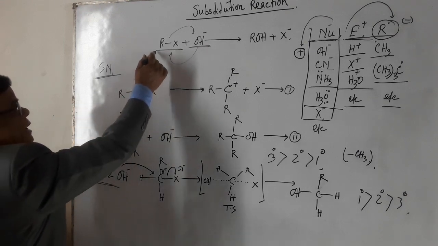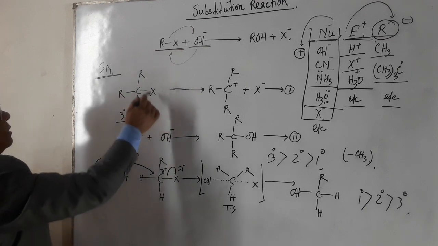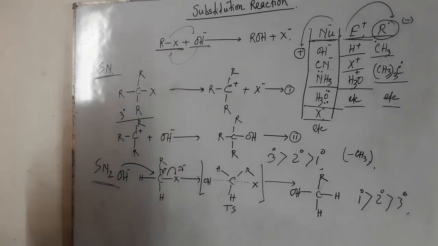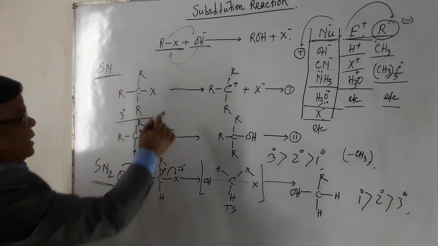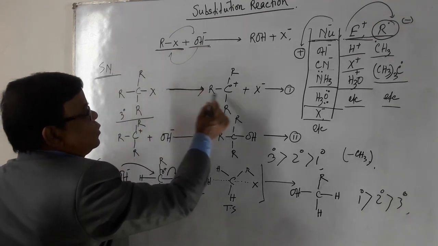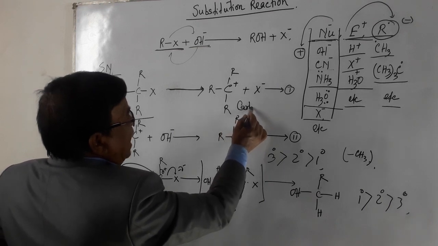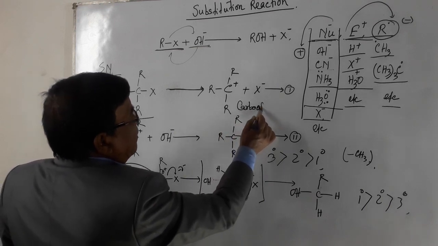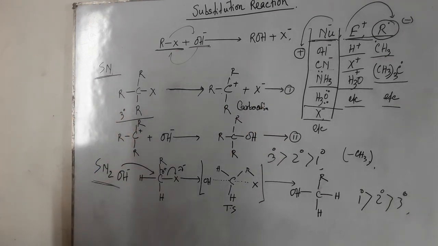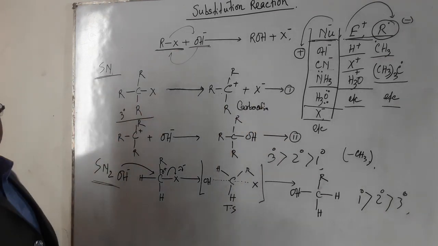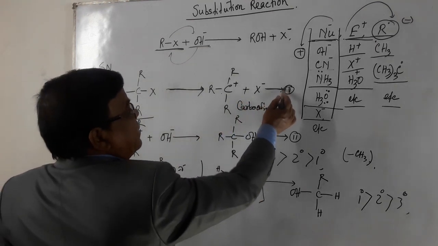If the reactant is a 3 degree alkyl halide, at first it decomposes into a carbocation, and the halogen will be released as halide, which is equation number 1.